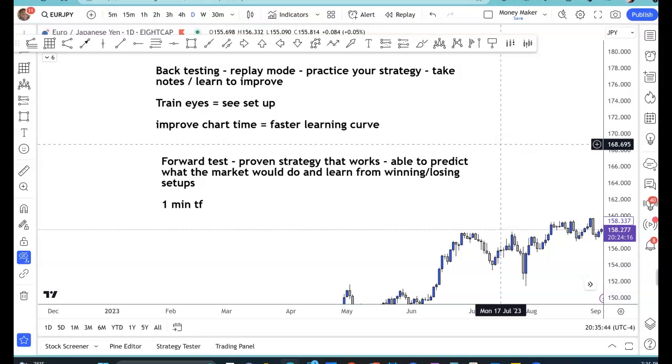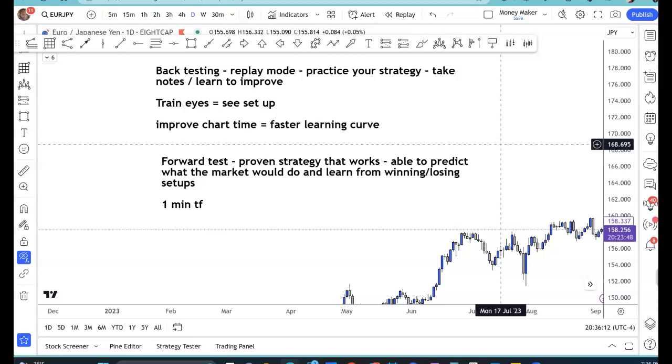The purpose of this is to forward test and help with your strategy as the market is moving in its current state. Your setups will start on a lower time frame, and then once they complete, they will eventually go up to the next time frame, for example the 2 minute, the 3 minute, the 5 minute, the 15, all the way up to the weekly and monthly. Your setup is always on all these different time frames.